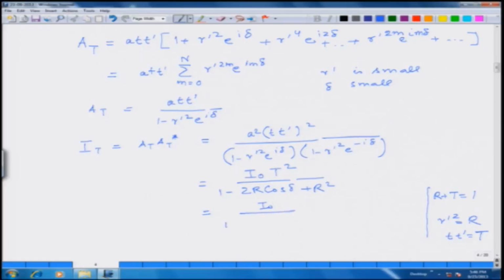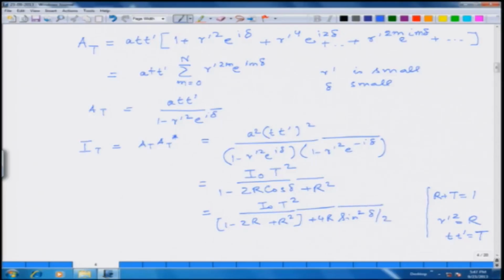over 1 minus 2r. I naught t square is 1 minus 2r plus r square, and I want to use the algebraic expression here to write sine square of the phase difference divided by 2.